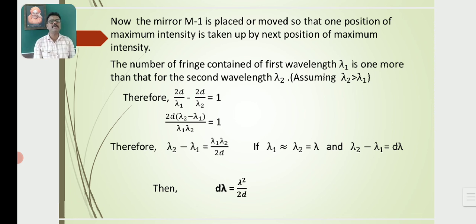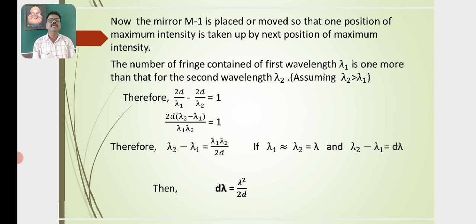Now the mirror M1 is moved so that one position of maximum intensity is taken up by the next position of maximum intensity. The number of fringes contained for the first wavelength lambda 1 is one more than that for the second wavelength lambda 2, assuming lambda 2 is greater than lambda 1. Therefore 2d by lambda 1 minus 2d by lambda 2 is equal to 1.